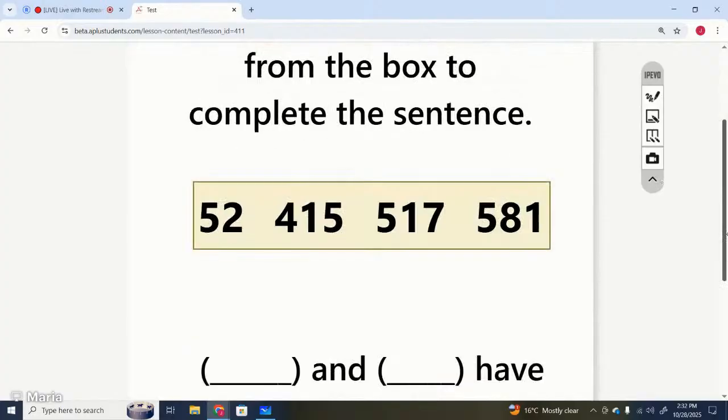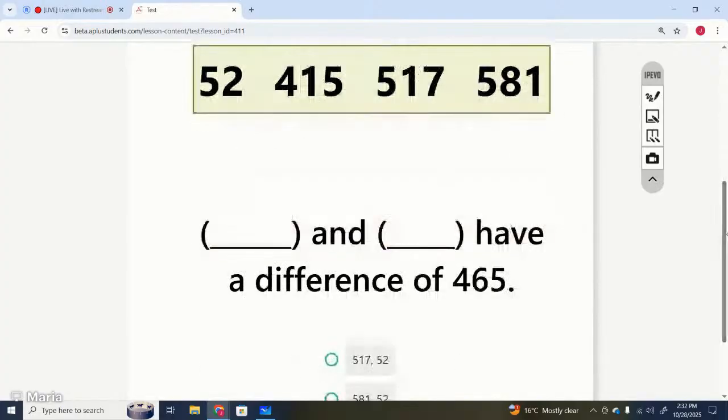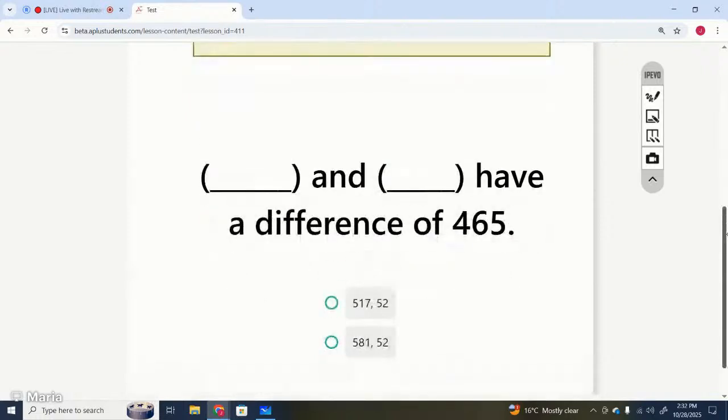Choose two numbers from the box to complete the sentence. Which two numbers have a difference of 465?